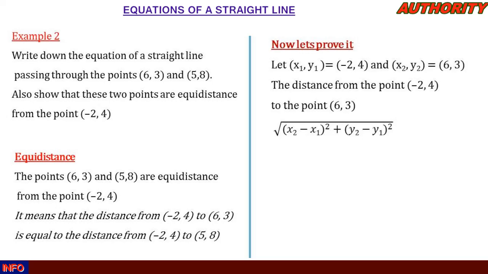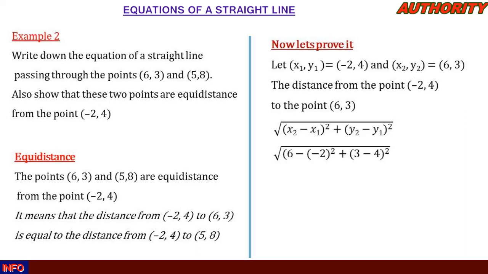Let's fix it in this distance formula. We're going to have the square root of 6, which is our x2, minus open bracket minus 2, which is our x1, all in bracket squared, plus our y2, which is 3, minus our y1, which is 4, all in bracket squared.